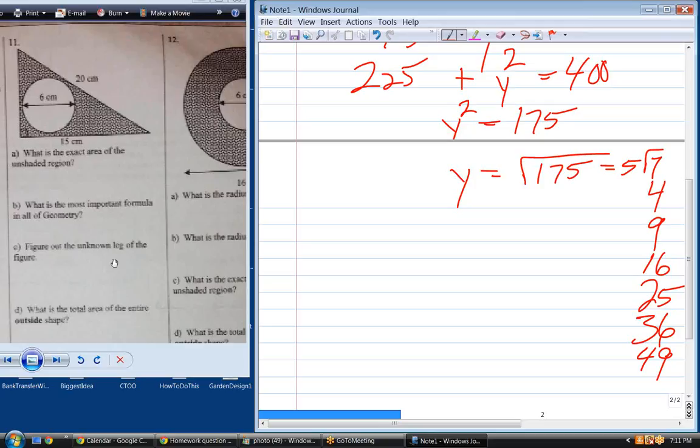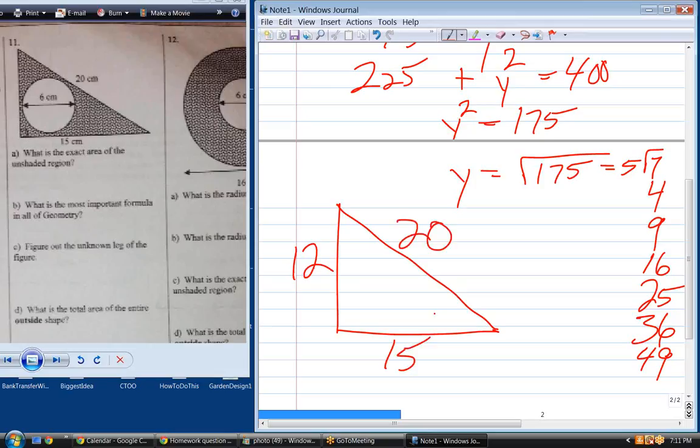Hold on a moment. Oh, I see what's going on. Huh. No, I don't. This triangle always gets me. I always want to make this a 12, 15, 20 because 4 or 5 goes in. Yeah, see that. I always want to make it a 3, 4, 5 triangle. But the 3, 4, 5 triangle has the 20 as the other side.